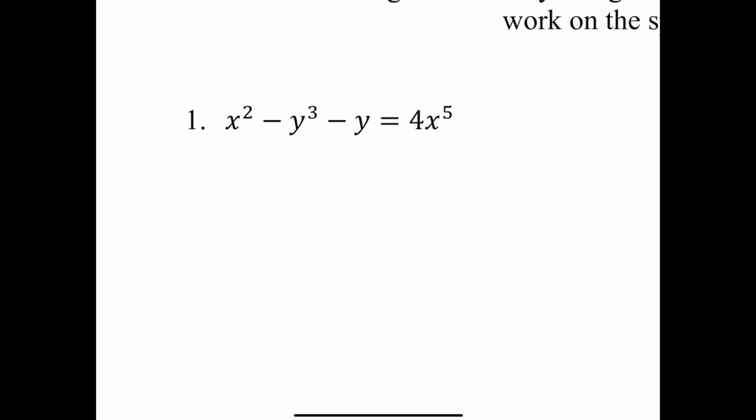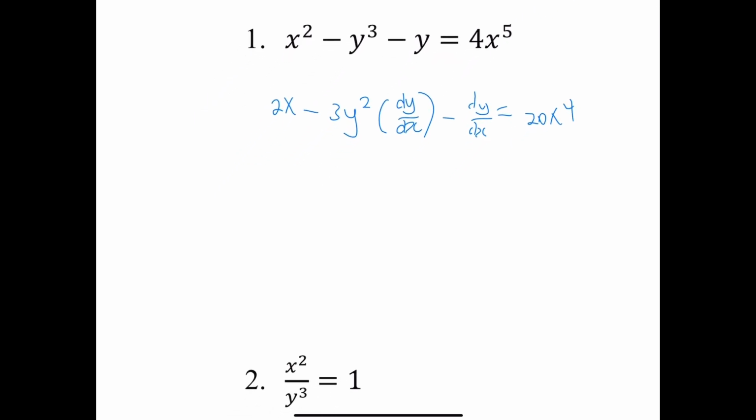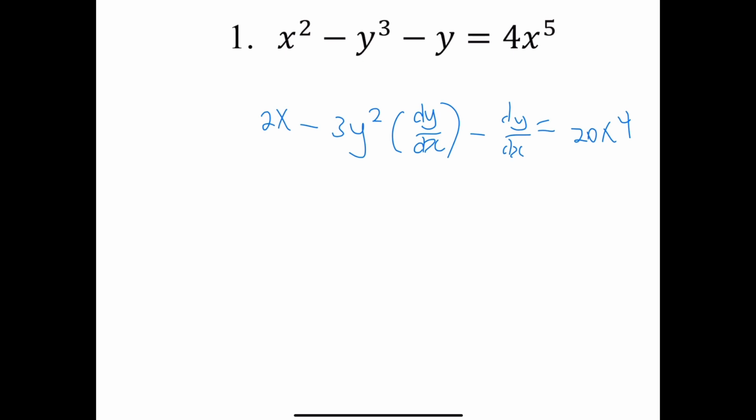Let's just derive this one by one. So 2x minus 3y squared dy/dx minus dy/dx equals 20x to the fourth power. Okay, so we're going to move this to the other side and separate each x and y term.